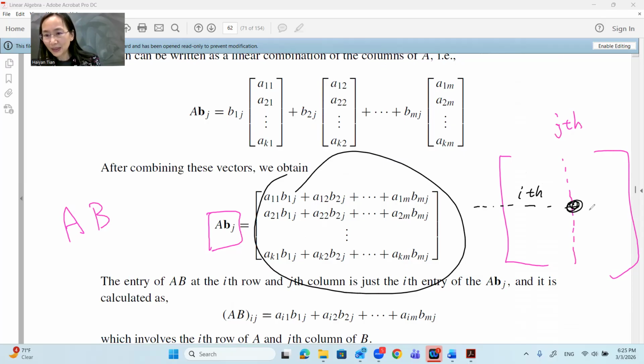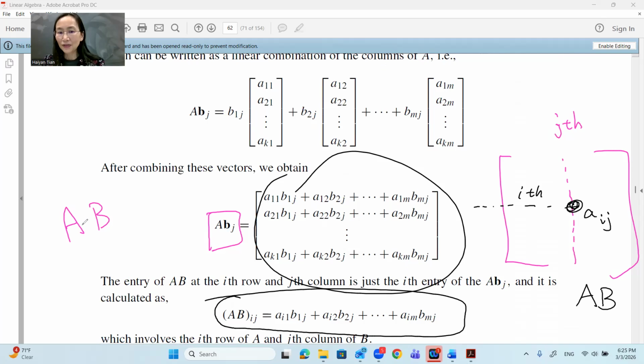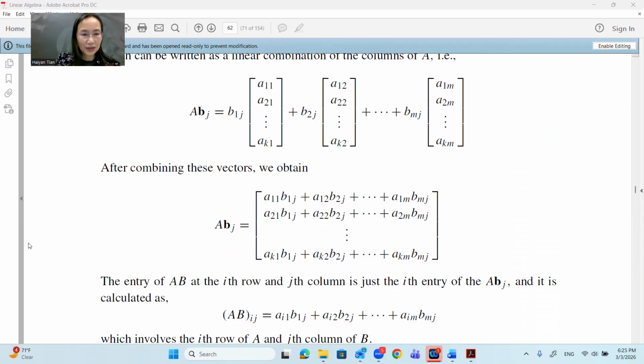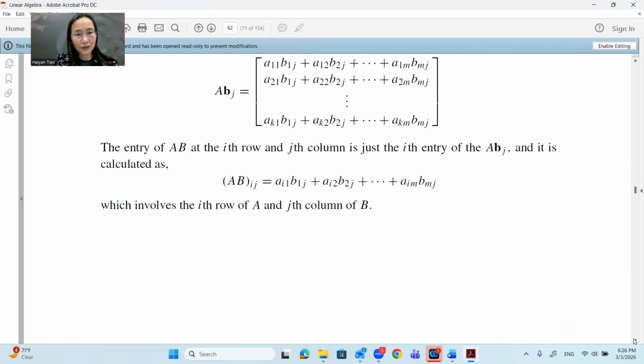Then you get a particular entry, which is Aij of the product matrix AB. So here is the formula. That is a formula to calculate a particular entry of the product matrix, which is Aij. This formula is very convenient, okay, just to get any entry you want for a product of two matrices.